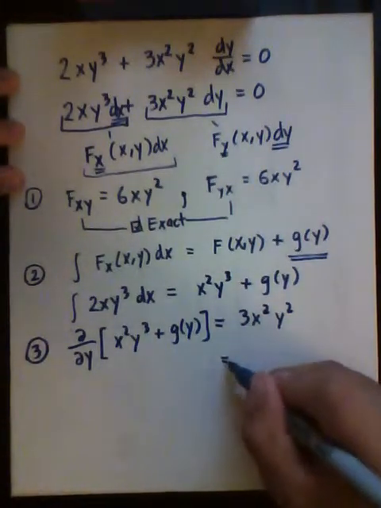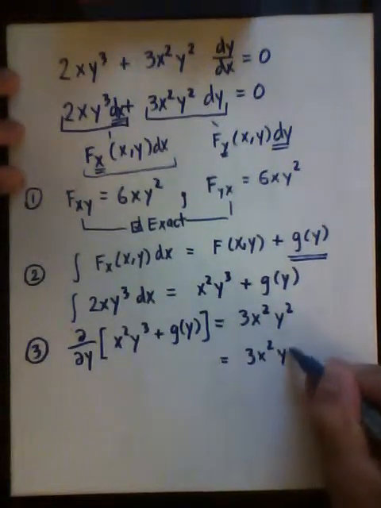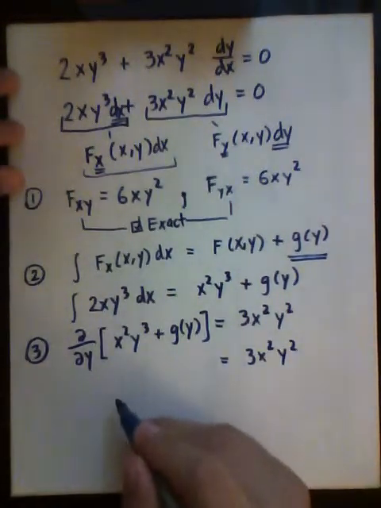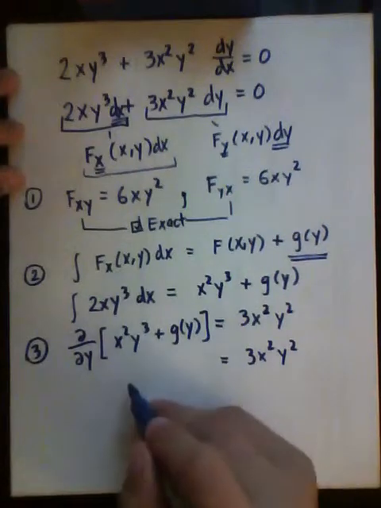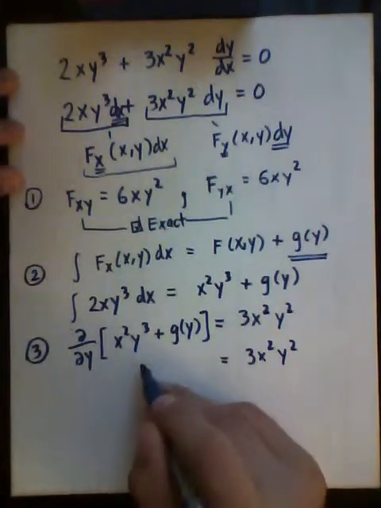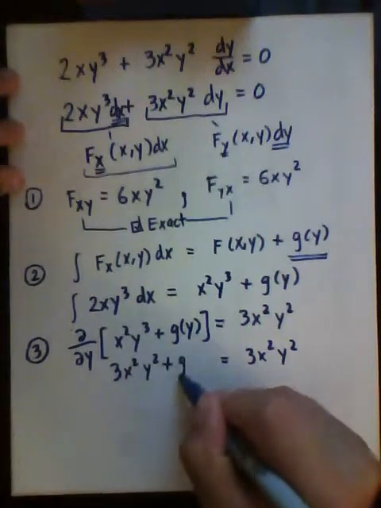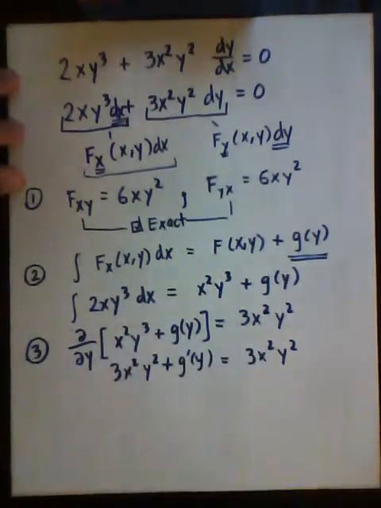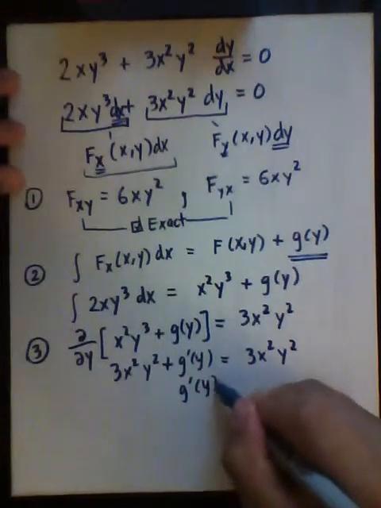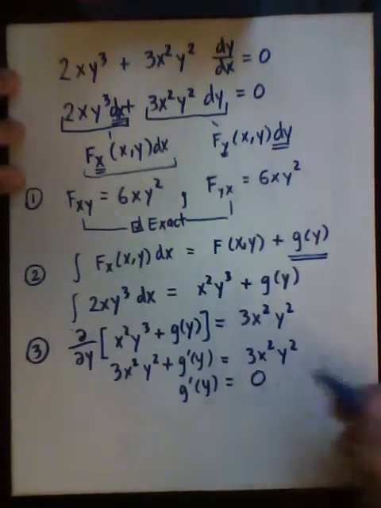The left side, if you take its partial derivative with respect to y, will be 3x squared y squared plus g prime.